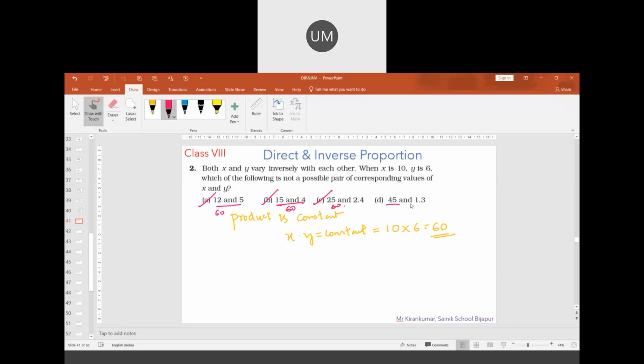But this particular option is not possible. What is the product, sir? 58.5. So this is not possible.